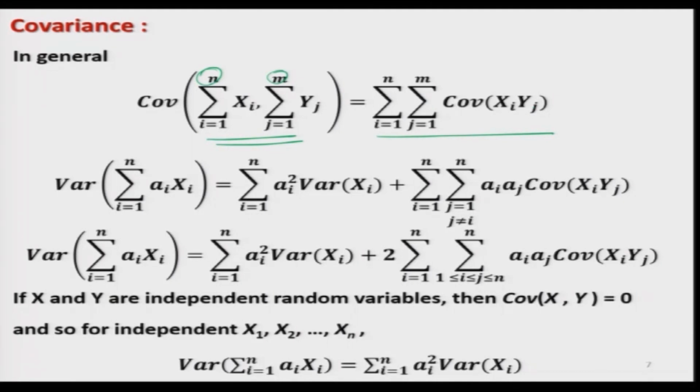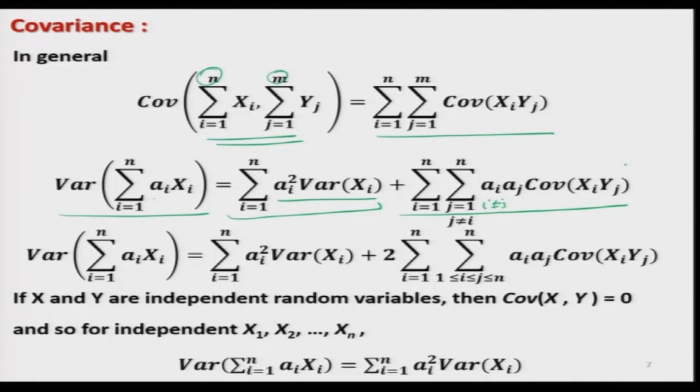Similarly, if you want to find the variance of a linear function of Xi, something like a1 X1 plus a2 X2 plus an Xn, this can be written as the summation, i goes from 1 to n, ai squared variance of Xi, plus the summation over i and j from 1 to n, where i is not equal to j, ai aj covariance between Xi and Xj.